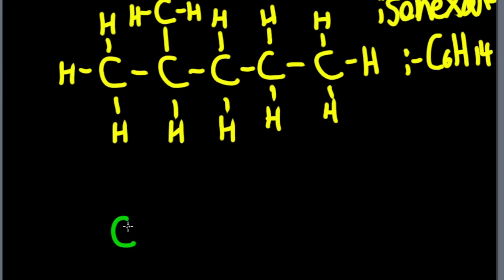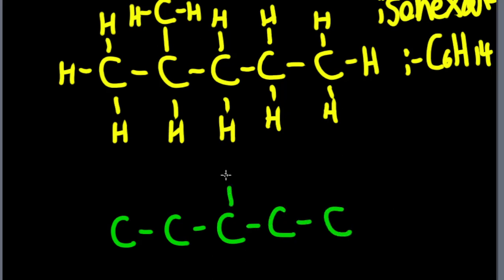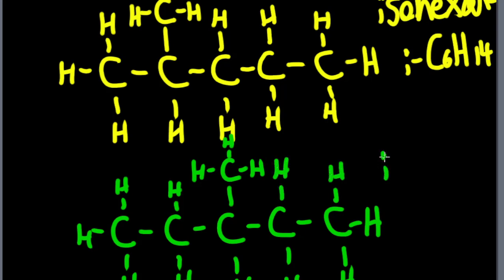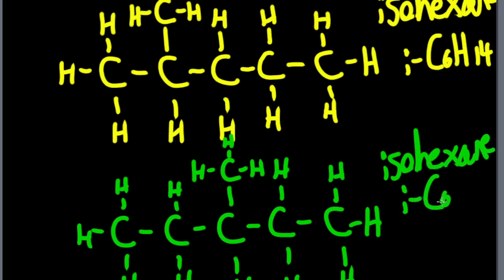I could also have this molecule and it has 6 carbons and it's also branched, so really I could call it isohexane as well, and it's got the same formula.